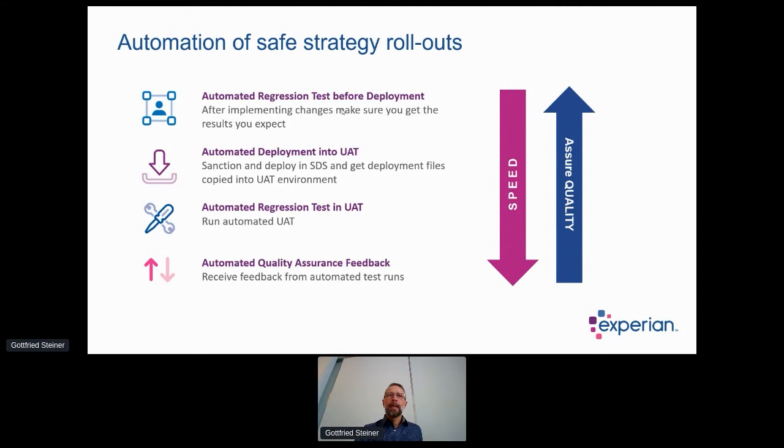And finally, it's about getting feedback from the automated test runs and seeing, are there any deviations? Are the deviations as expected? So the more you're able to automate on that, the faster you are with deployments, and the easier life is, and the more quiet nights you have. And of course, we all try to avoid sleepless nights before we are going live, and hope everything is working out smoothly.